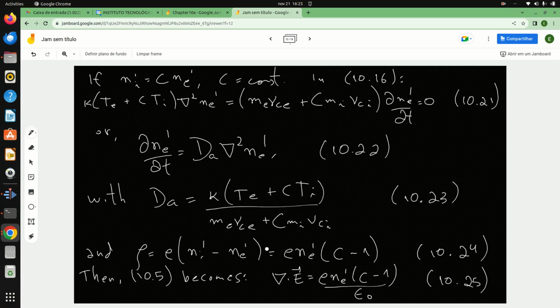So you see that whenever you have a higher difference between Ni and Ne, then the electric field will become larger, and then ambipolar diffusion will become more important.